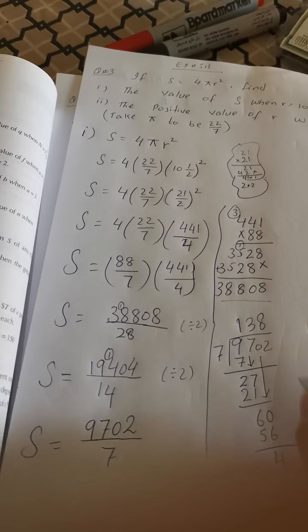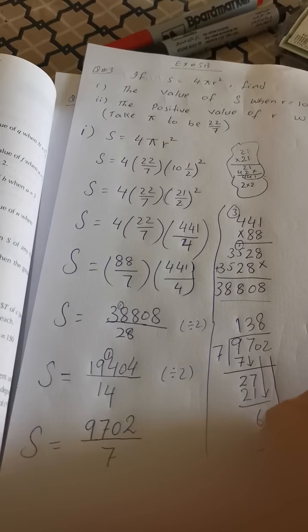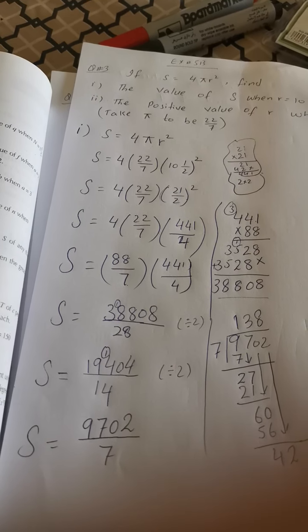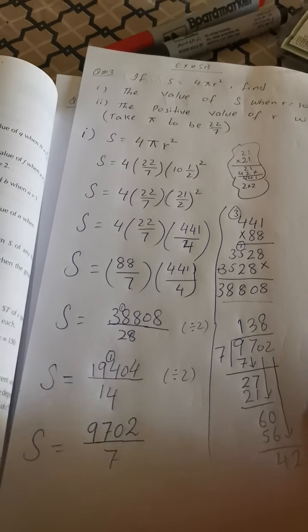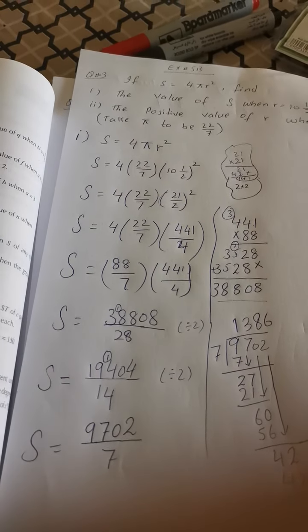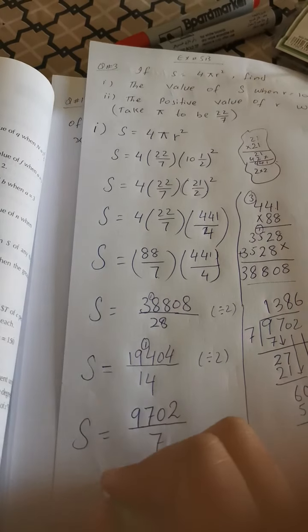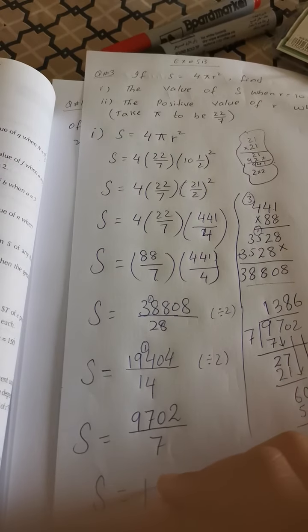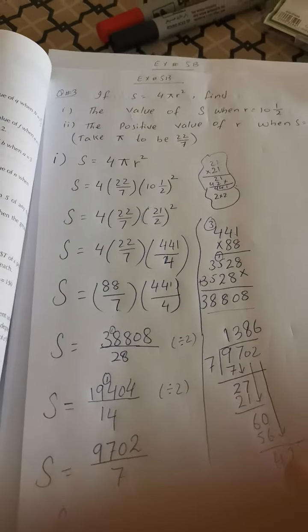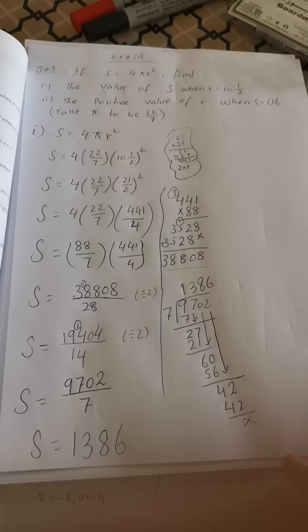What left? 4. What will come down? 2. Okay. Then 7 6s the 42. So what is the answer? S is equal to 1386, because it's divided completely.